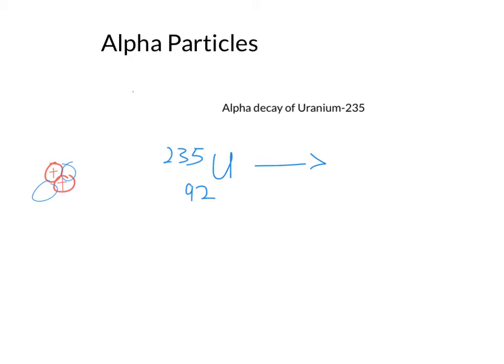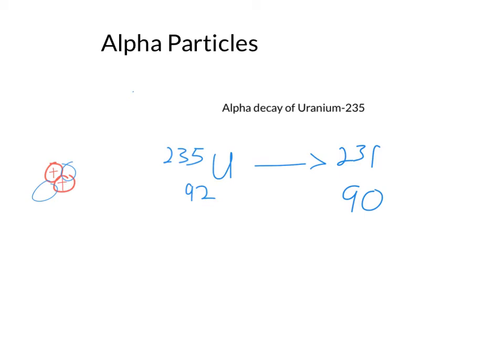So the atomic number of our new nucleus is going to decrease by 2 because those 2 protons are being lost. And the total number of particles being lost, 4, is going to be subtracted from the mass number. So 235 take away 4 is going to give us 231. So we'll end up with a new nucleus that has an atomic number of 90 and a mass number of 231.